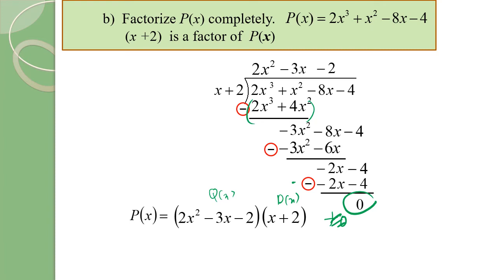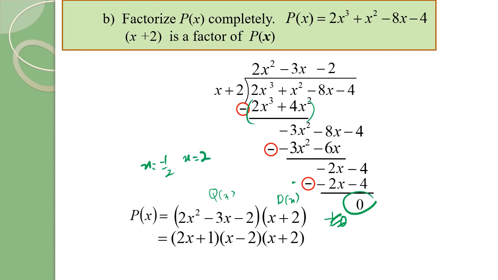Okay, so now the 2x squared minus 3x minus 2, can we factorize it? You can just directly use your calculator. If we get it in the form of fraction or integer, we can directly put it into the two factors. So if you use the calculator, we get 2x plus 1, x minus 2, or you get x equal to negative 1 over 2 and x equal to 2.